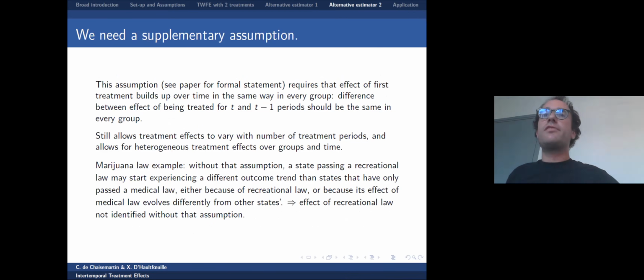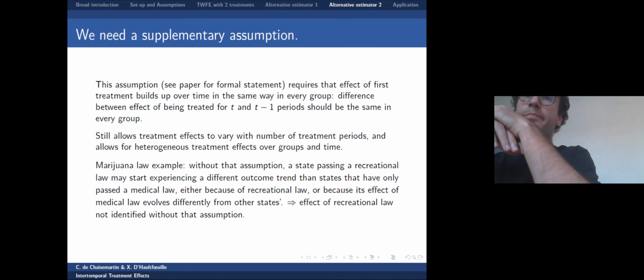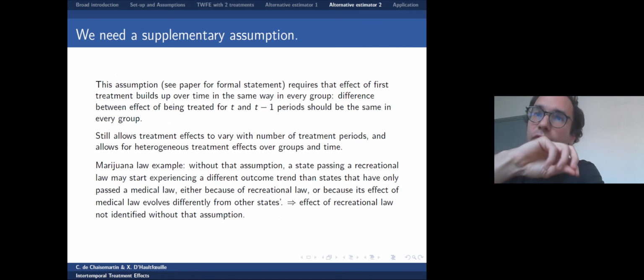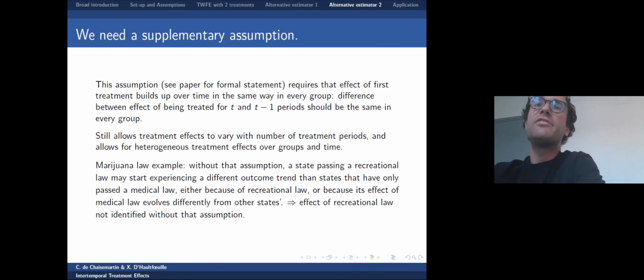And we're going to need a supplementary assumption. And this assumption requires that the effect of the first treatment builds up over time in the same way in every group, meaning that the difference between the effect of being treated for T and T-1 periods should be the same in every group.